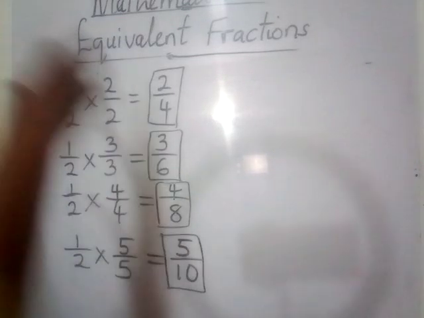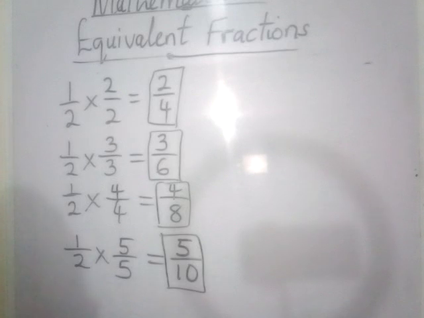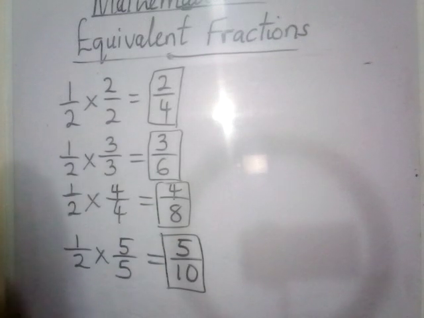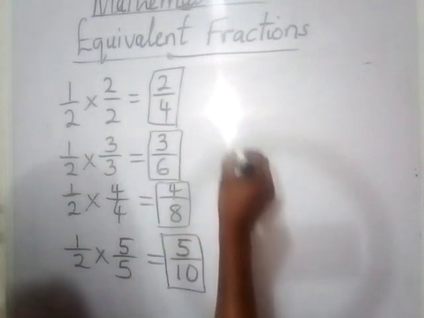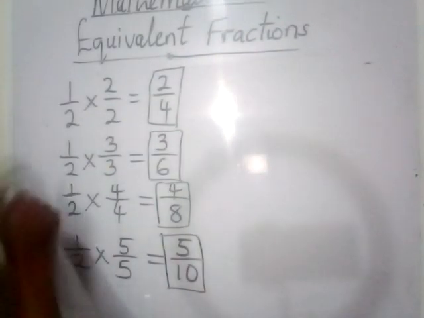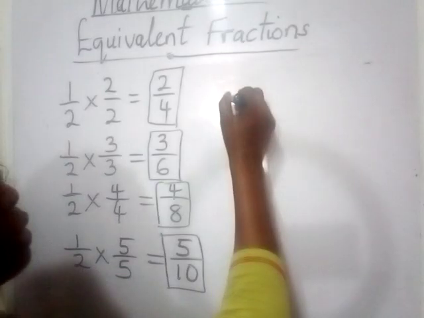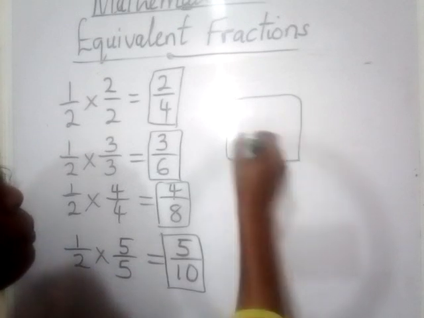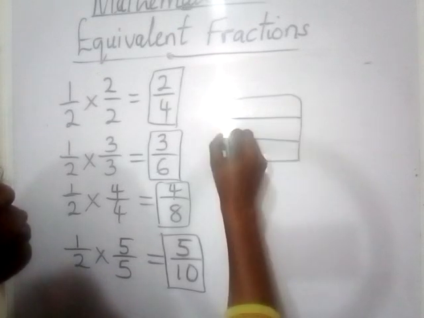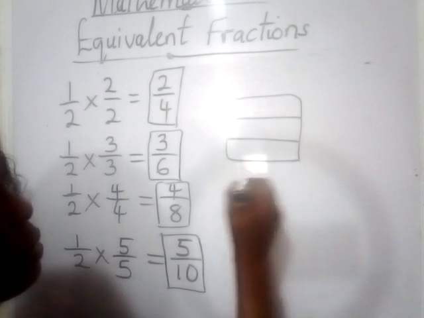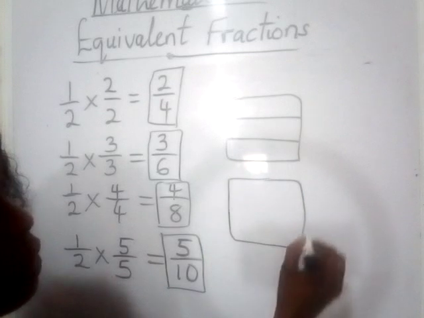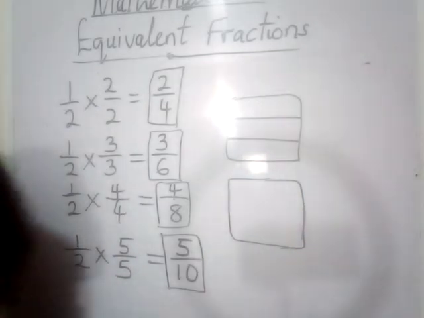So let's just take one of these to prove again that they actually have the same value as this half. We can pick any of them. Maybe we pick 3 over 6 this time. Let's pick 3 over 6 to see if it's the same value as 1 out of 2. Let's use a square. I'm not sure if this is a square, but let's assume it's exactly the same size as this second one.